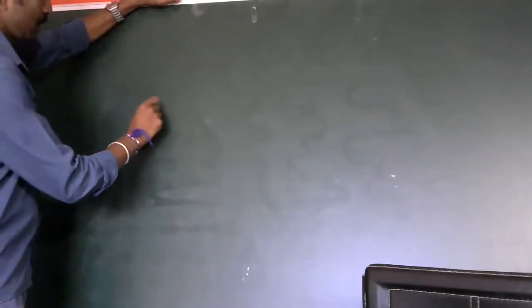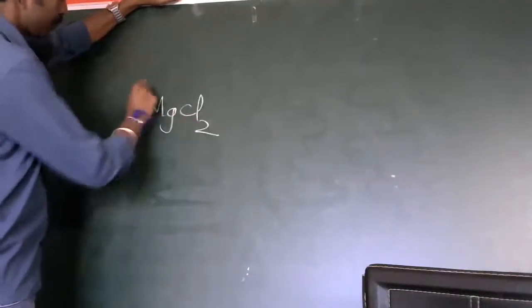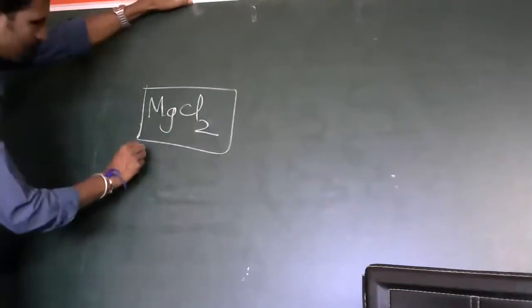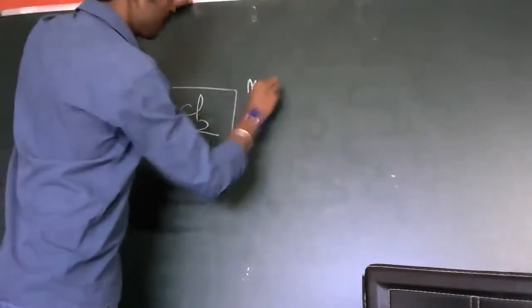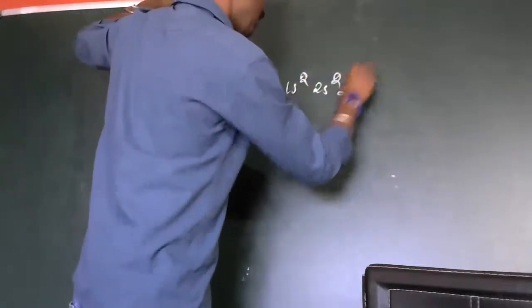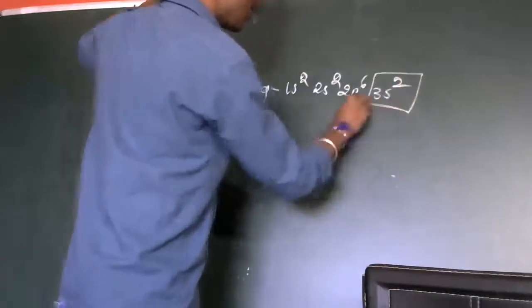So one more example, MgCl2. If you take magnesium, 1s2, 2s2, 2p6, 3s2, in the outermost shell 2 electrons are there.